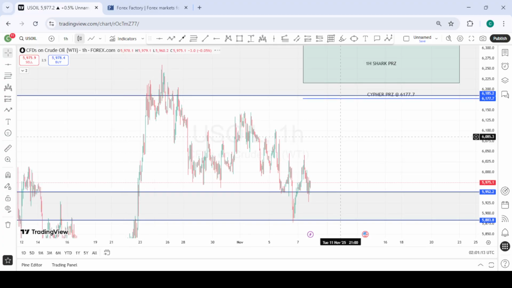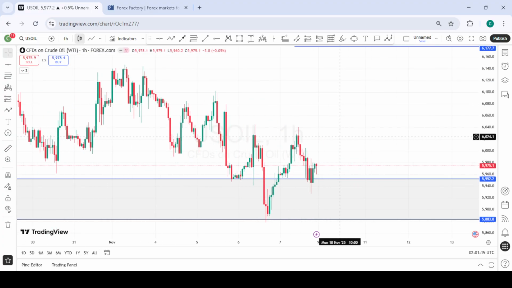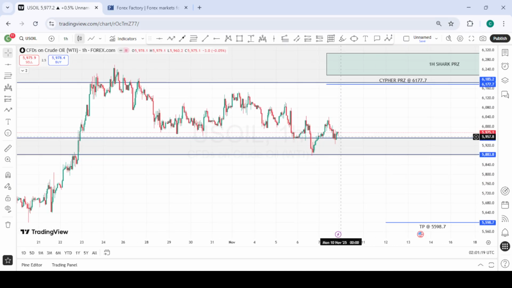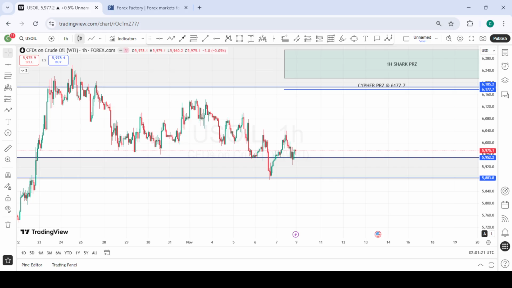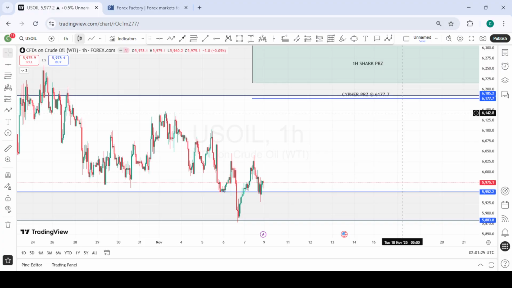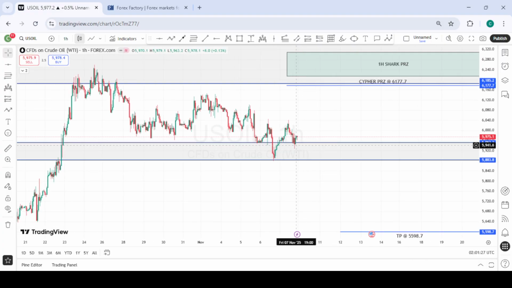This is also the WTI crude oil. That's a US oil, which has a similar or almost the same setup as the Brent crude oil. So same thing, we're also going to look out for this buying opportunity. So we are currently at the possible right shoulder.